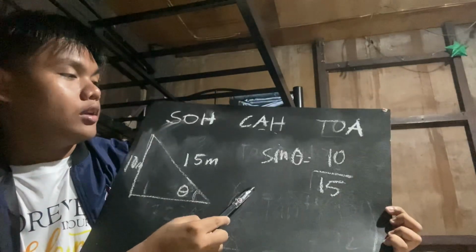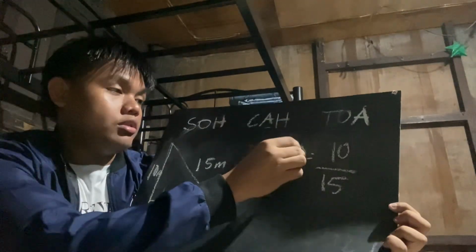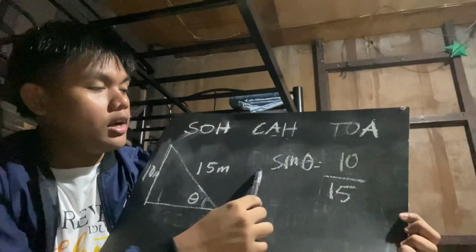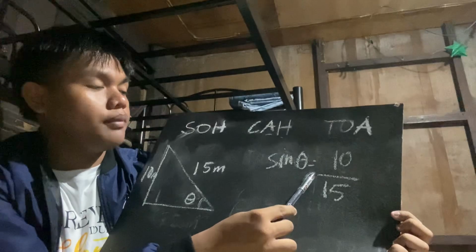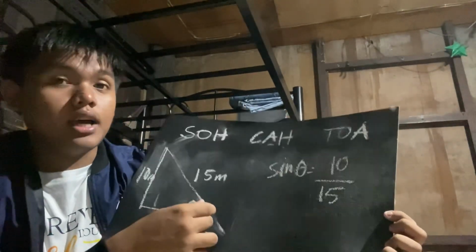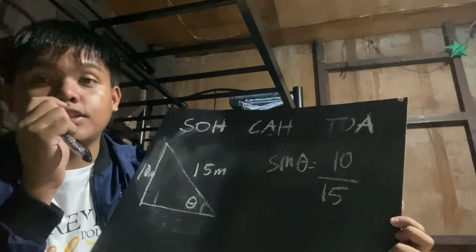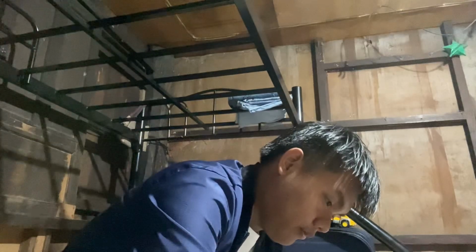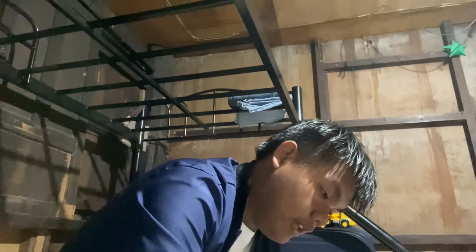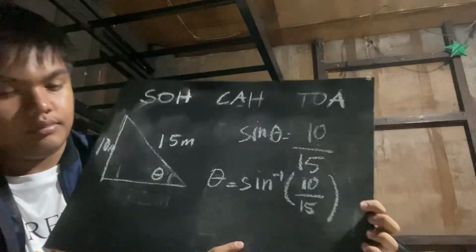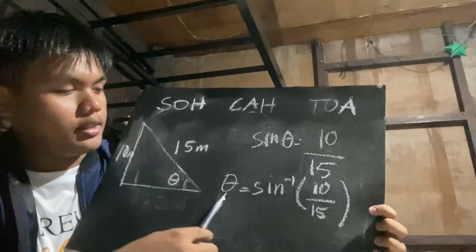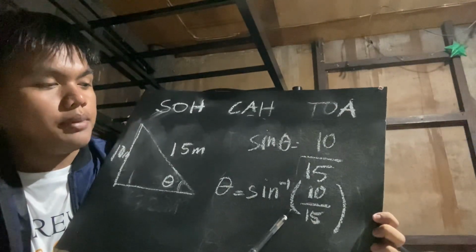So now, to get theta on its own, we don't divide both sides by sine, but instead we use the inverse sine, or sine raised to negative 1. So theta equals inverse sine, or sine negative 1, times 10 over 15.